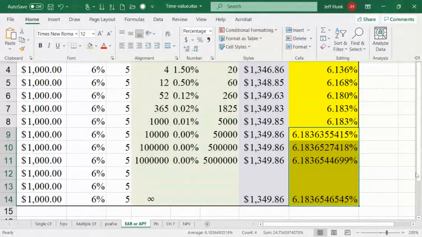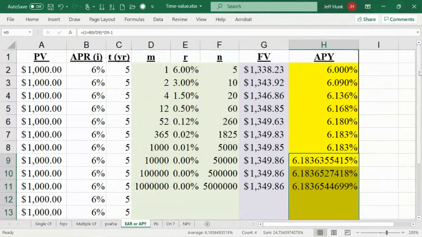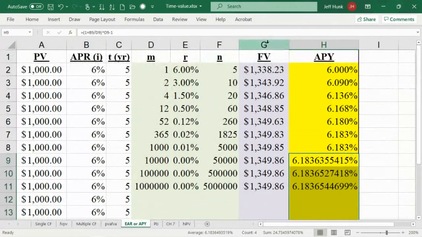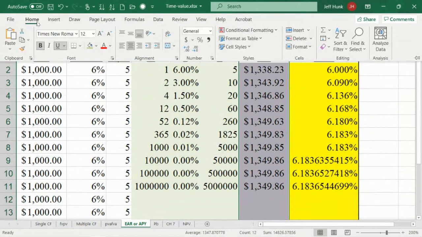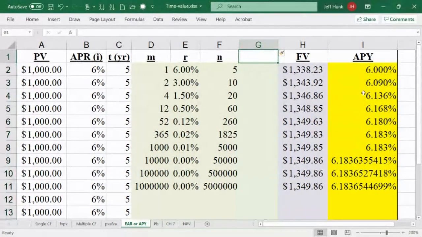What do I want to show here? Let's see. Oh, let me insert a column. Compounding factor. Let me put a compounding factor here.